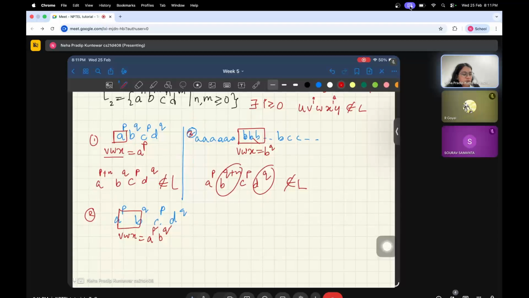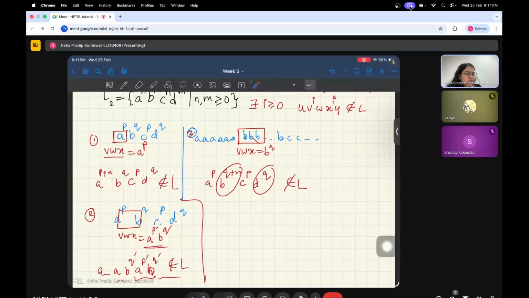If you pump, you have some number of A's, then some number of B's, then A to the P prime, B to the Q prime, and so on. You'll have strings like this, but this violates the structure of the string itself, because after seeing A's you can only have B's. You can't have B's followed by A's. So this is also not in the language.